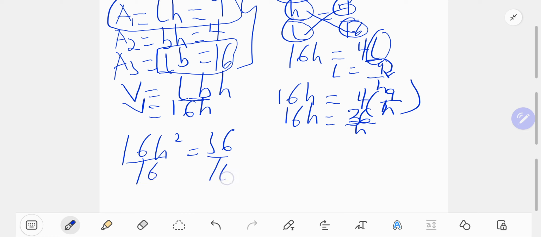Divide through by 16, and we have H squared equals 36 on 16. 4 goes into 16 4 times, and goes into 36 9 times. We're going to get 9 on 4.